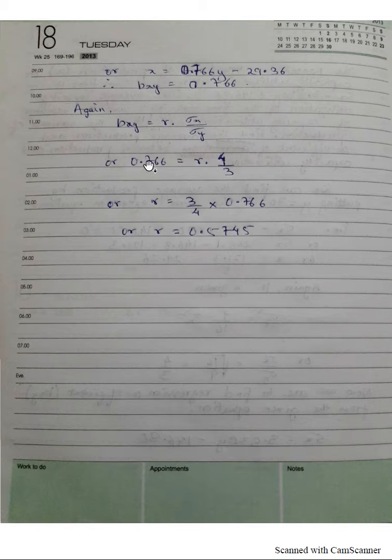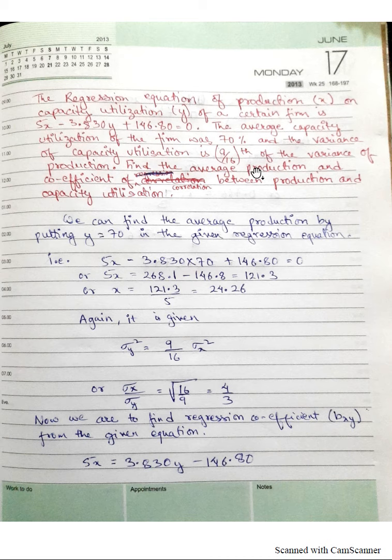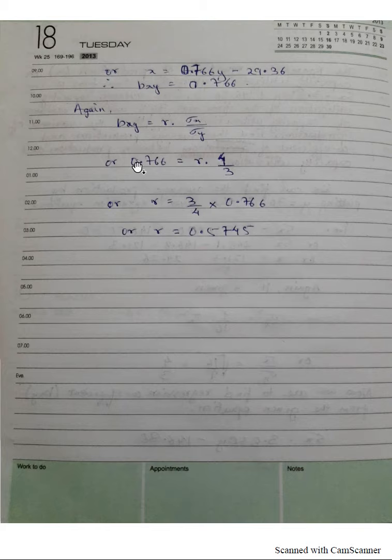We put the value here, 0.766 is equal to r into 4 by 3, since sigma x by sigma y is equal to 4 by 3. So r is equal to 3 by 4 into 0.766, or r is equal to 0.5745. Very simple, very easy.